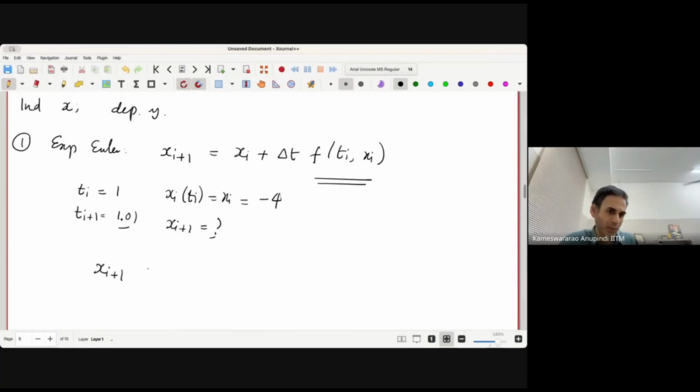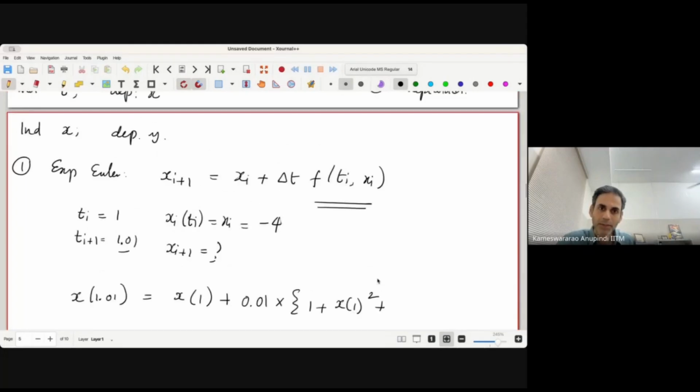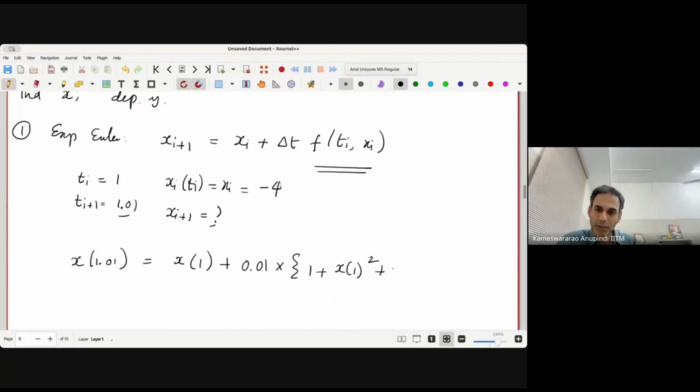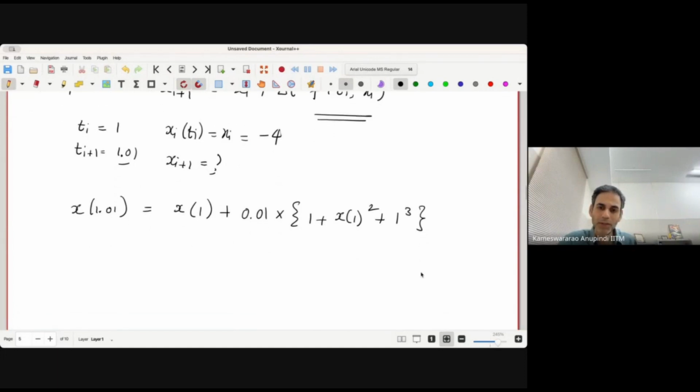So I want to calculate x at 1.01, that is t plus delta t: x of 1 plus delta t is 0.01 times f, which is 1 plus x_i square plus t_i cube, where t_i is 1 cubed.